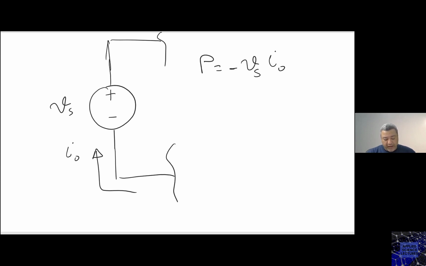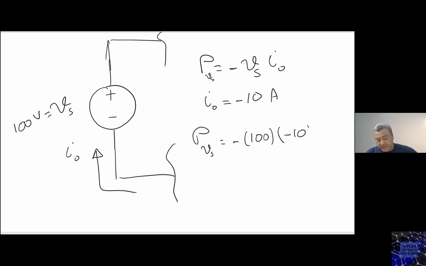Now, if I calculated the current I naught and I found that this I naught is negative, so after a few calculations, I found out that I naught is minus, let's say, 10 ampere. Vs is 100 volt. Then if I want to calculate the power for Vs, it is minus 100 times minus 10.